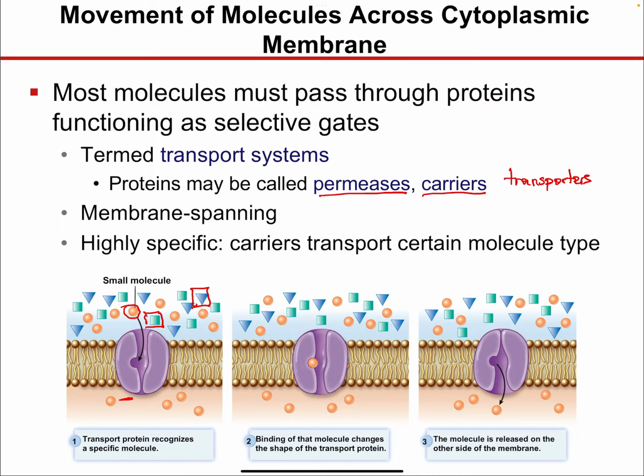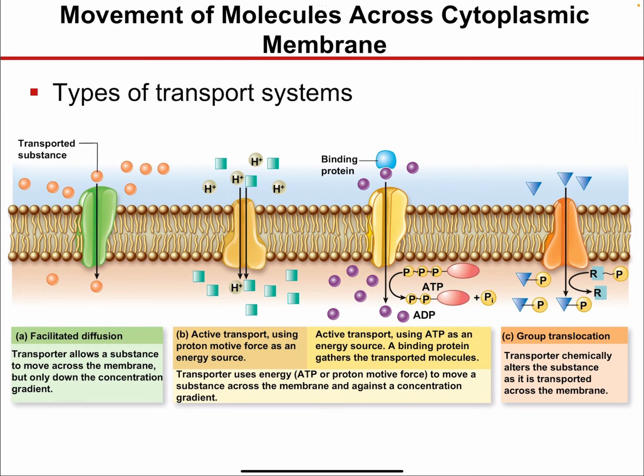That facilitated diffusion is simply that you have a protein facilitating the transport of a chemical from a compartment of high concentration toward a compartment of low concentration.